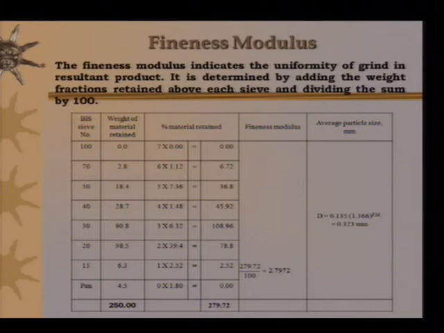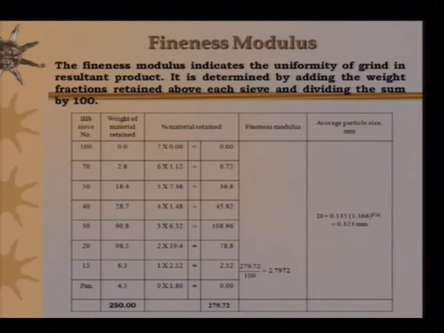Now in order to do the grinding or calculate the energy requirement, there is one term called fineness modulus which comes into play. Fineness modulus indicates the uniformity of grind in the resultant product. It is determined by adding the weight fractions retained above each sieve and dividing the sum by 100. Why is fineness modulus important?